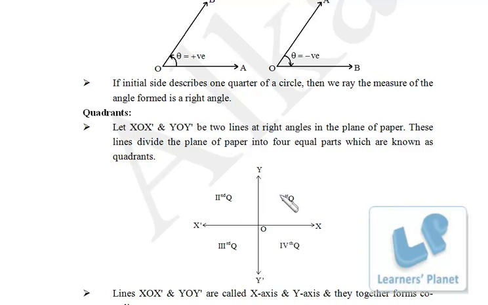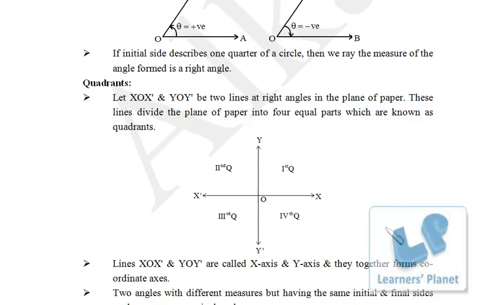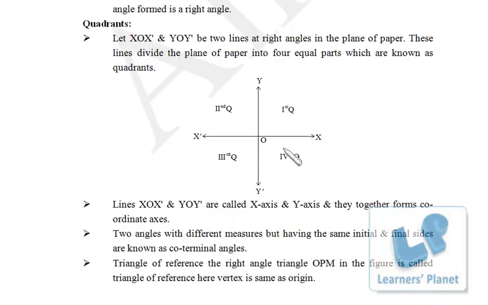Now there are 4 quadrants: first quadrant, second quadrant, third quadrant and fourth quadrant. In first quadrant, x and y, both of them are positive. In second quadrant, y is positive but x is negative, right? So this is the negative side of x. In the third quadrant, x and y, both of them are negative, and in fourth quadrant y is negative but x is positive, right? So these are the four quadrants.